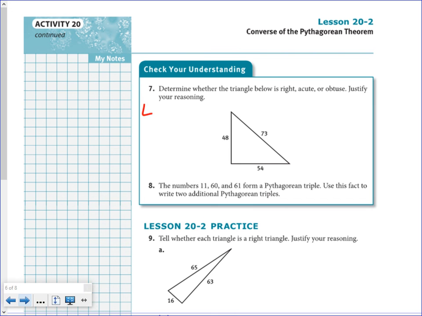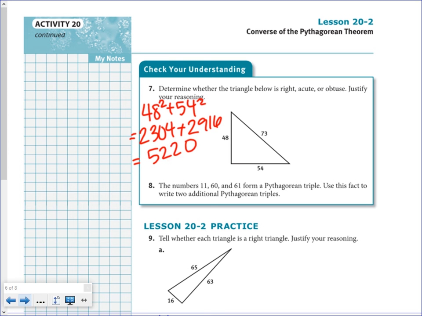So I can say 48 squared plus 54 squared. And so I have 2304 and 2916. And if you add those together, you get 5220.